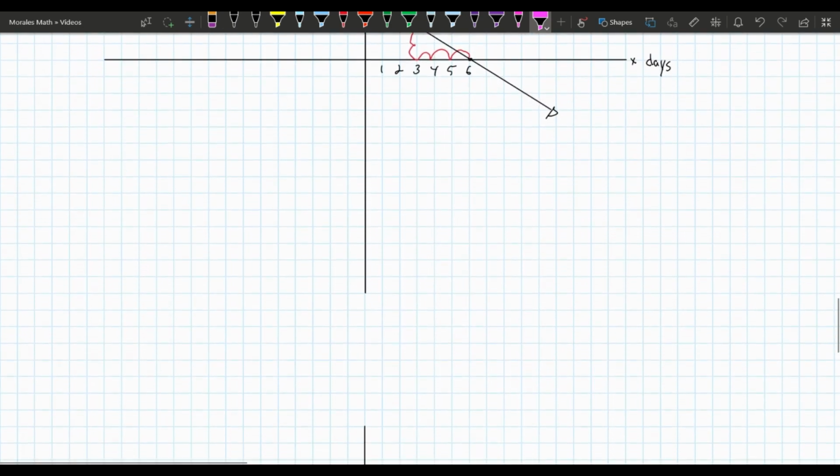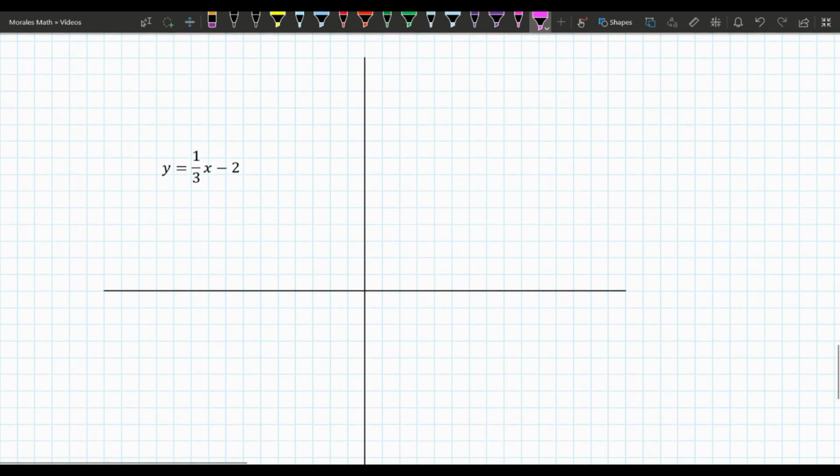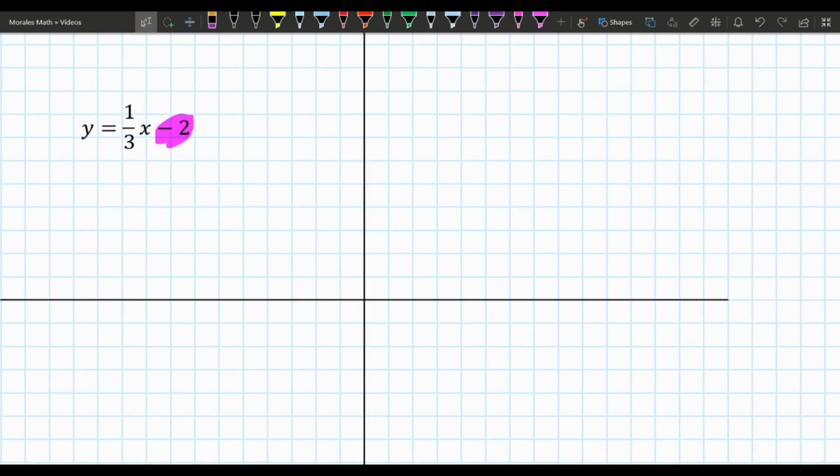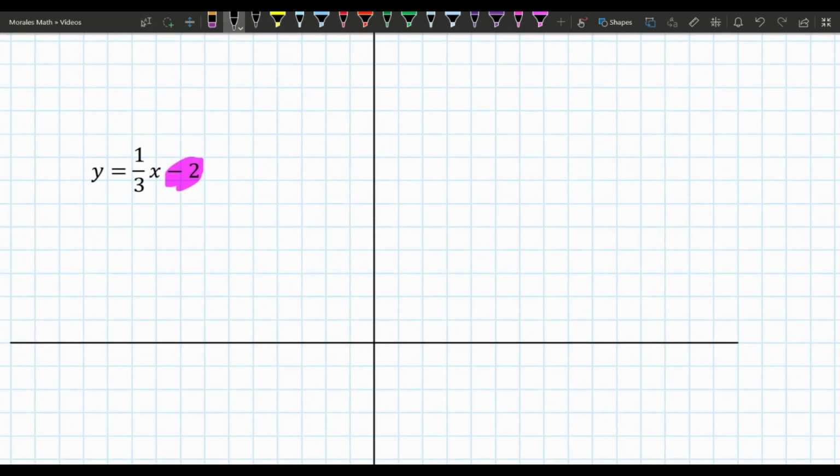All right, so let's go ahead and actually get our last example here. Now this is another business. Let's just say that this person, they didn't save up any money, and they borrowed money. Right, they're in the hole of $2 from the day 0. So let's go ahead and label X as days.